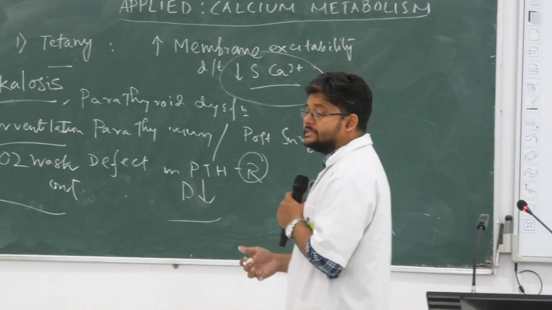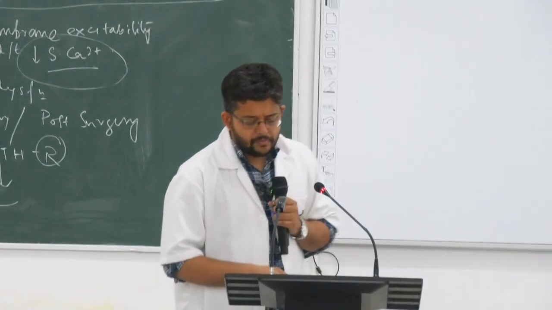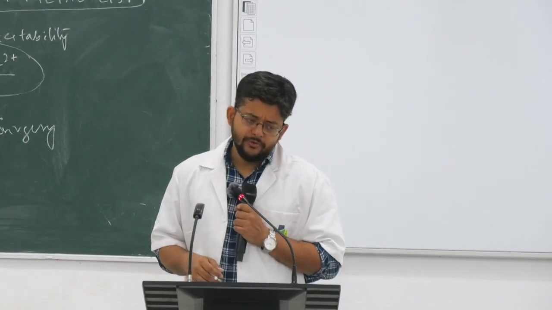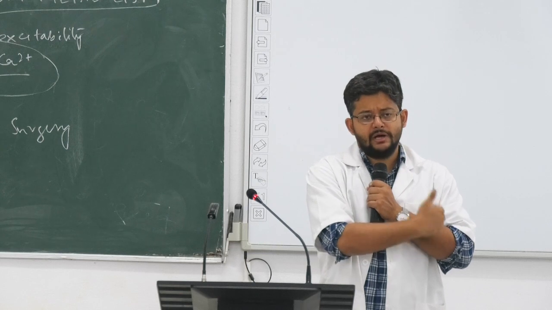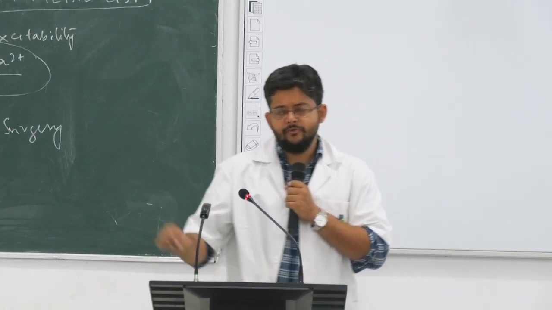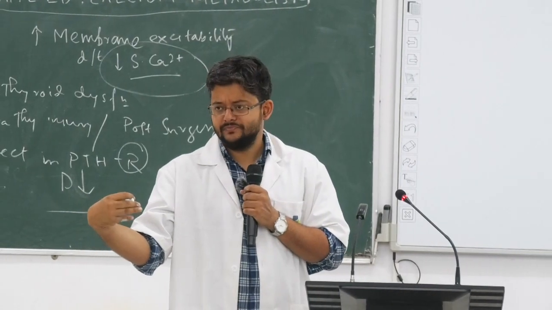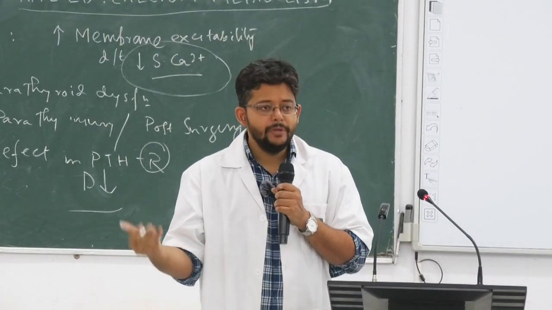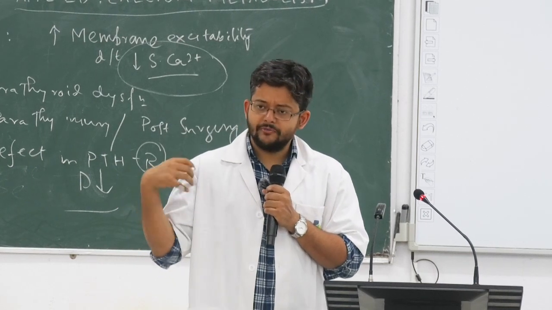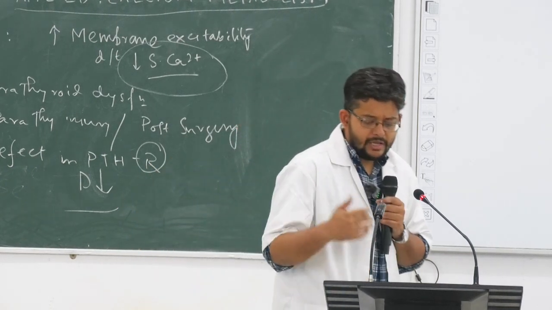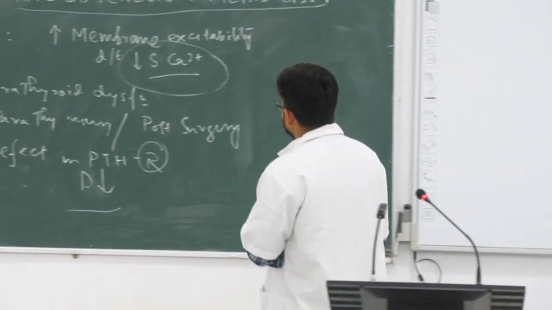Tetany is quite an important science actually, and you need to remember this. One sign is, if you put a cuff around your arm and keep it inflated for some time, the carpopedal spasm or carpal spasm will be precipitated. If you keep the cuff tied for some time, we will see that carpal spasm is happening, and we call it Trousseau sign.